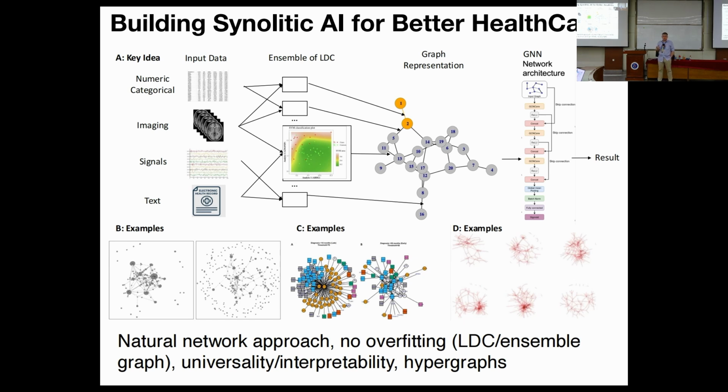What are the advantages of this technique? This is a very natural representation of the human body, because we are a network, as I explained at the beginning. There is hope that one will be able to overcome the problem of overfitting, of dimensionality, because actually in this layer of this neural network technique, which is in some kind just a special architecture of a neural network, we use a layer of low dimensional classifiers.